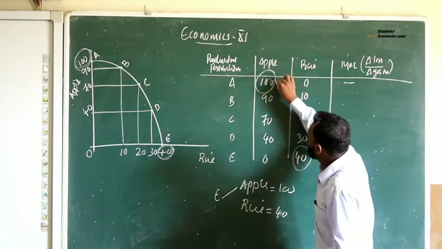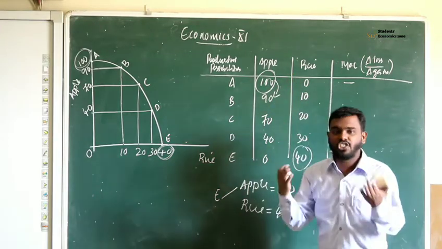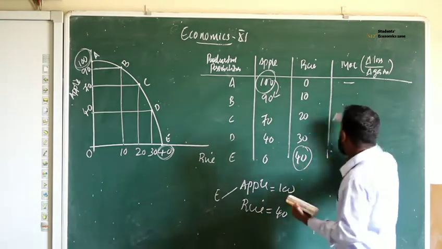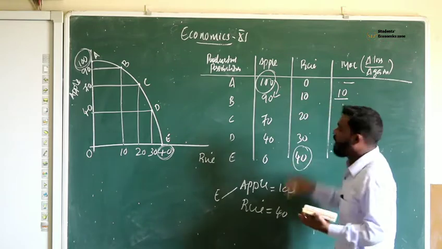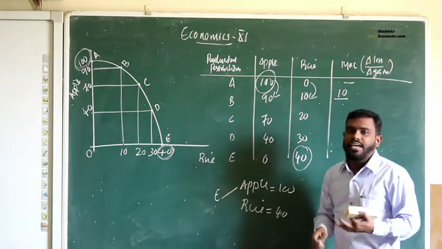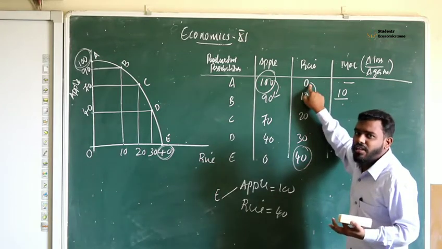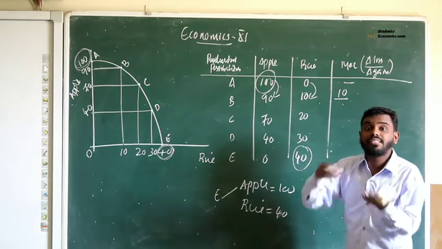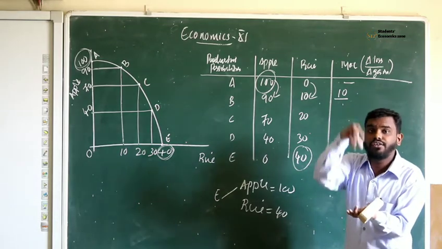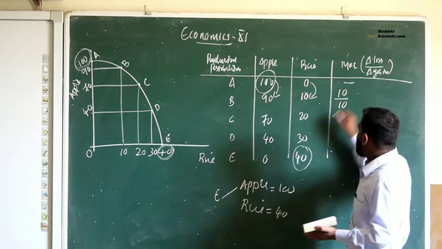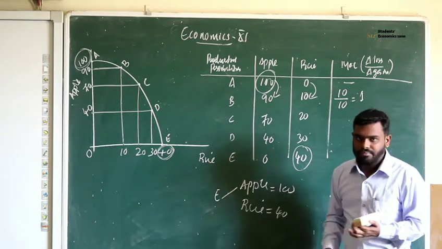So here 100 became 90, that is delta loss. 100 became 90, how much is it? 10. Then what is the gain? That is 0 became 10. Initially our production of rice was 0, now it became 10. So how much additionally did we get? 10 units. So 10 divided by 10 is equal to 1.